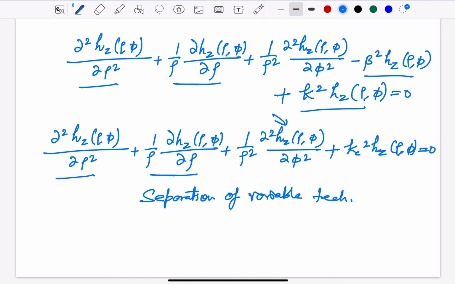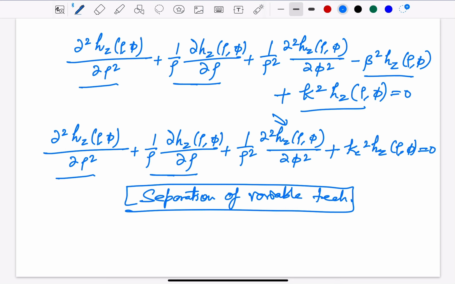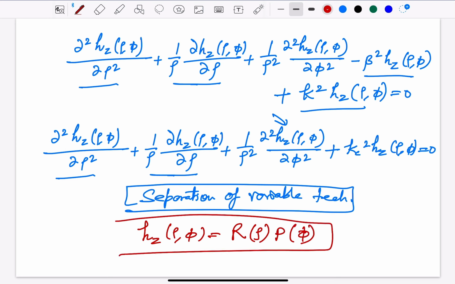And for that we are supposed to assume the solution in this form: Hc is a function of rho and phi. We can assume R is a function of rho and P is a function of phi. So this format we will be utilizing further, exploring the equations.